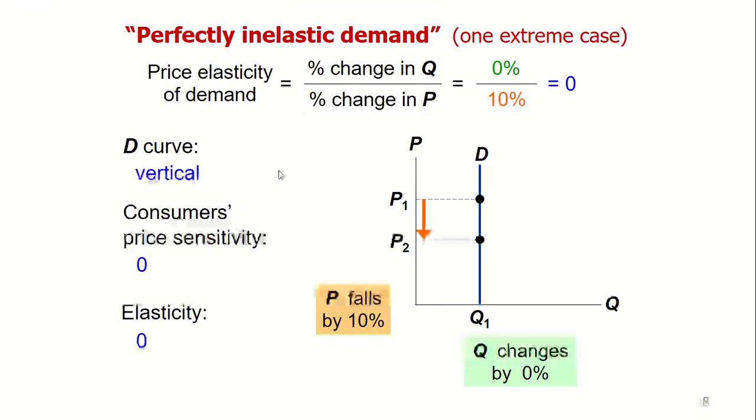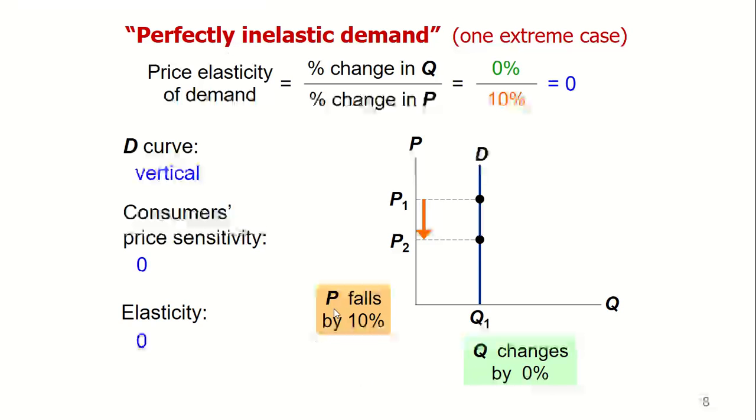And if the quantity does not change, like in this case, quantity changes by 0%, that means there is no change in quantity, then the percentage change in quantity equals 0. Thus, the elasticity is also 0.